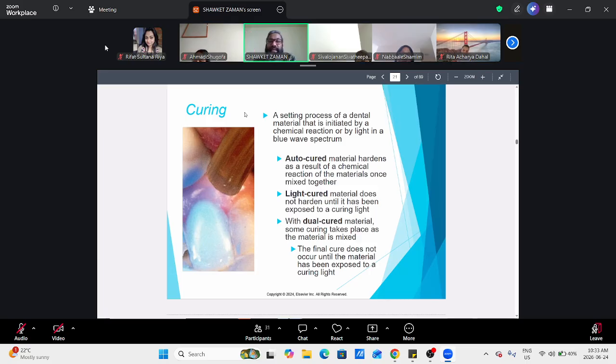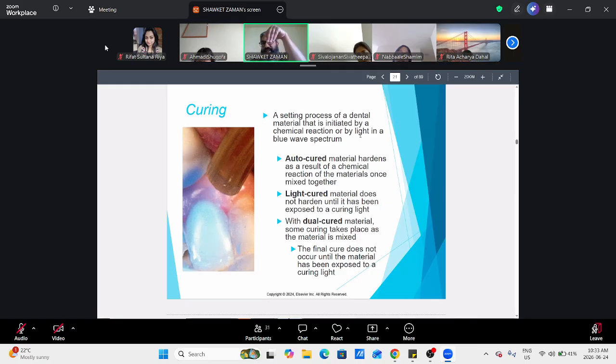As you can see here, the setting process of the dental materials is initiated. Initiated means starting the reactions, initiated by chemical reactions. Either they react to each other or they react in the presence of light. In the dental clinic, you will see the dentist sometimes using a blue light. This blue light gives energy of about 420 to 460 nanometers.